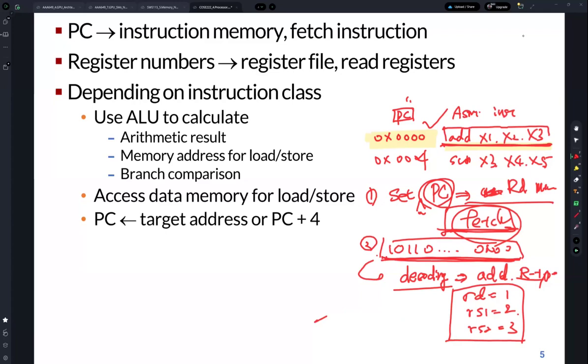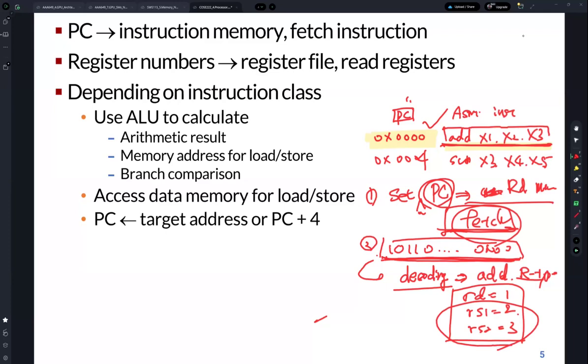And this is the R type instruction. In order to execute this instruction, what is required? Operands are required. In this example, the instruction add x1, x2, x3 requires the source register data, right?